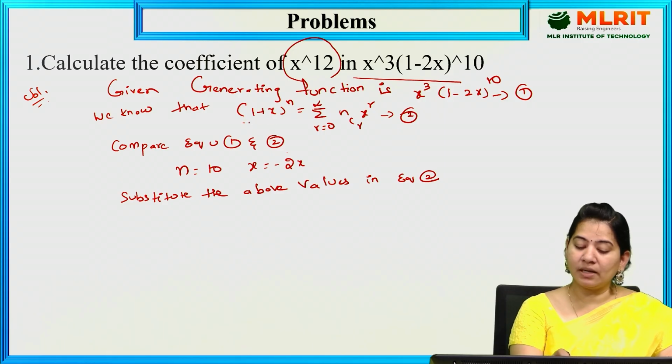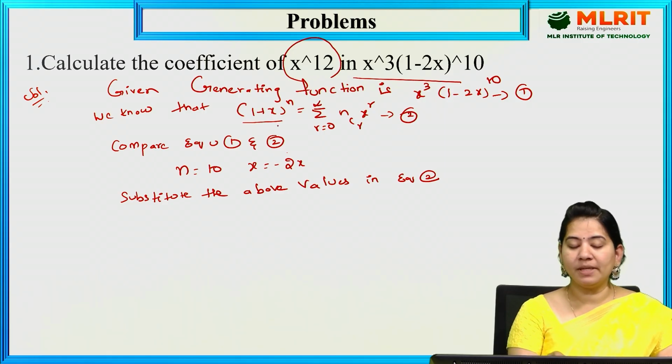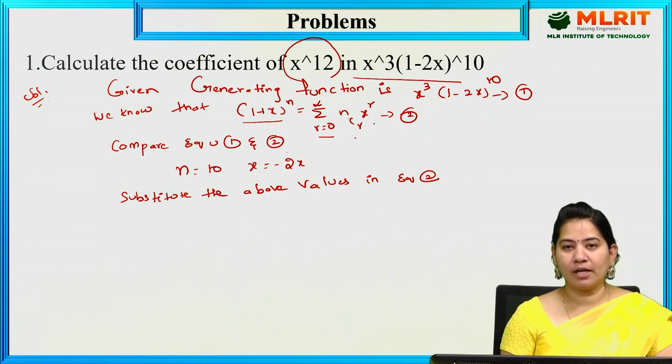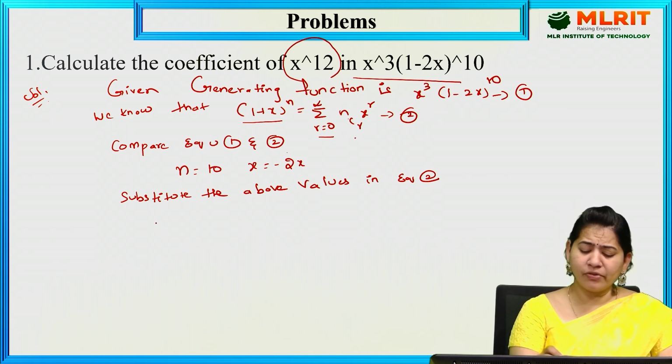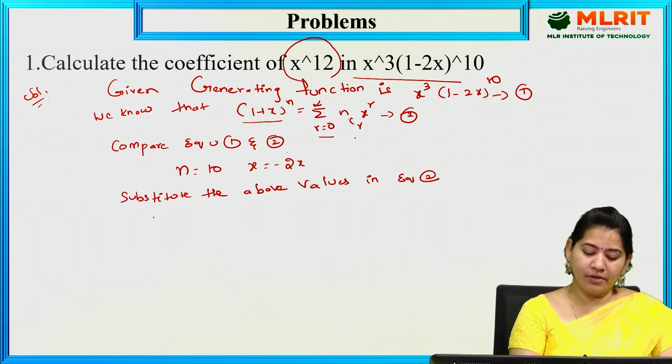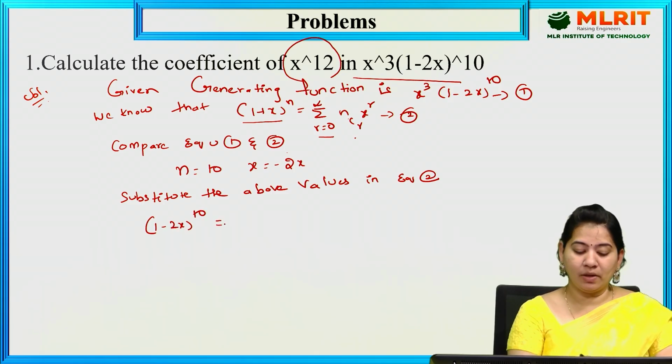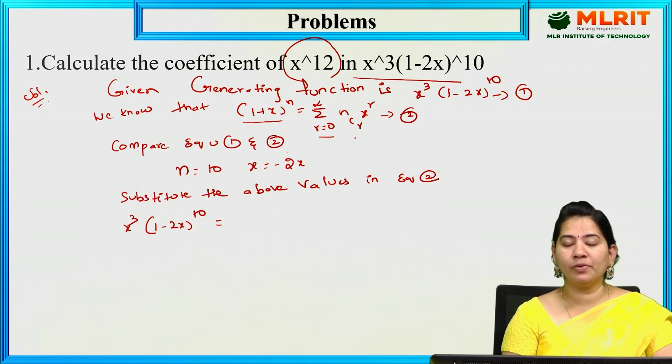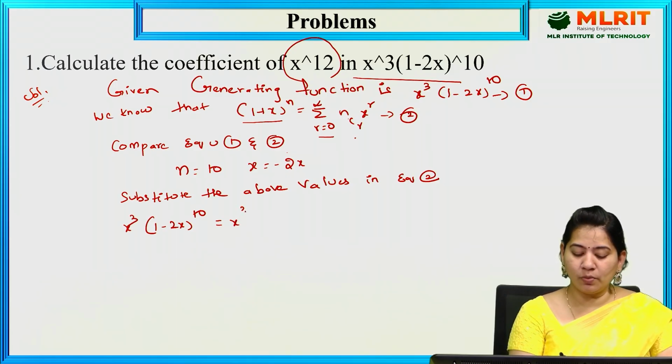What is equation 2? (1 plus x) whole power n is equal to sigma r equal to 0 to infinity nCr x power r. Now if you substitute these two values, we get (1 minus 2x) whole power 10 is equal to sigma r equal to 0 to infinity nCr x power r. But in the generating function we also have x cube, so include that here: x cube into (1 minus 2x) whole power 10.